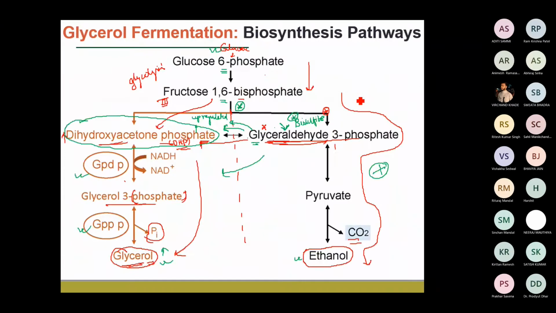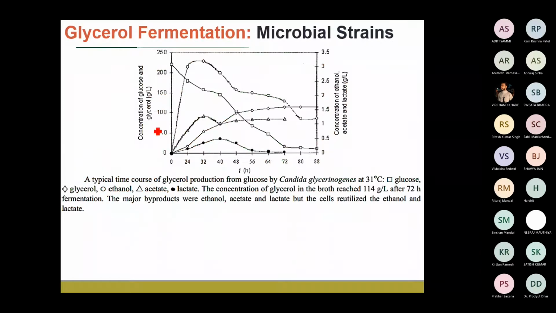Now let us look into the growth curve, which is very important for any fermentation process. Until now, we have always come across this growth curve, which gives you information regarding how the product is produced with respect to time.